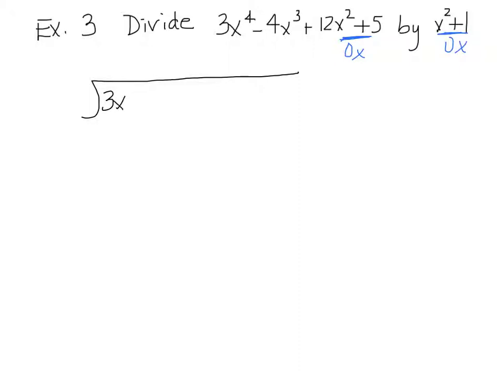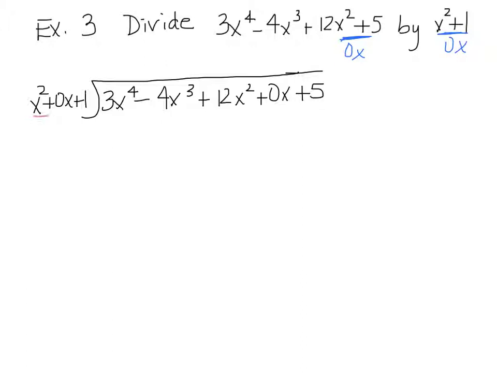So 3x to the 4th minus 4x cubed plus 12x squared plus 0x plus 5. And then my divisor will be x squared plus 0x plus 1. That keeps everything in line.